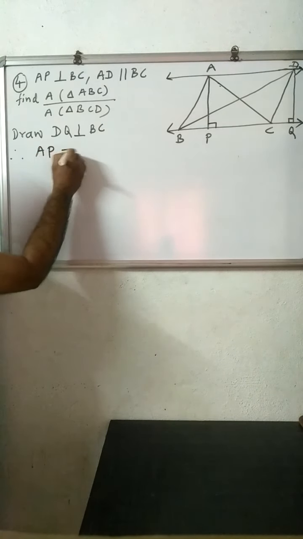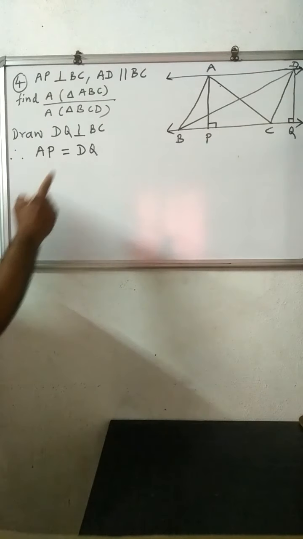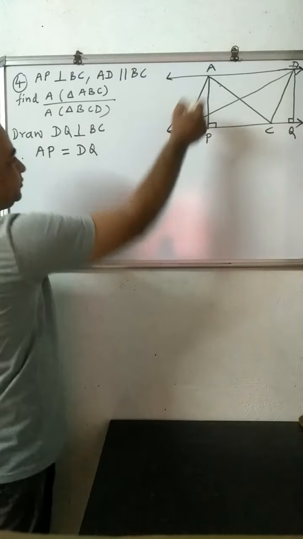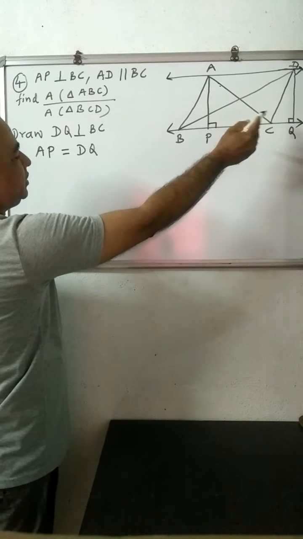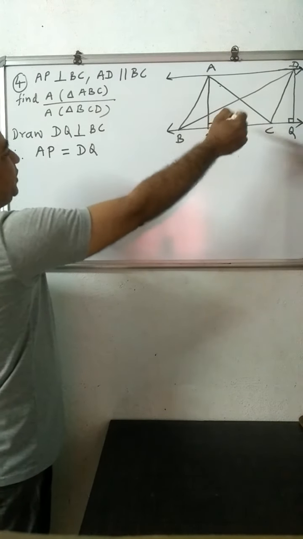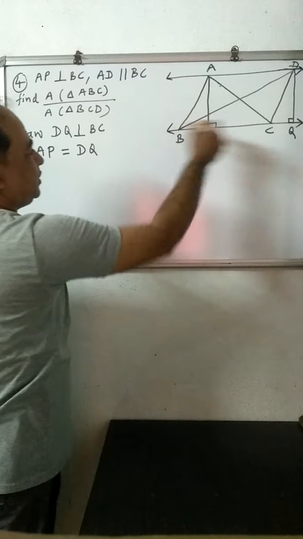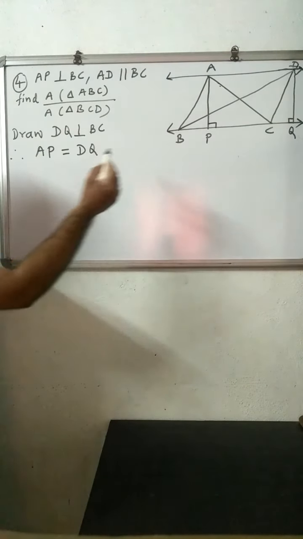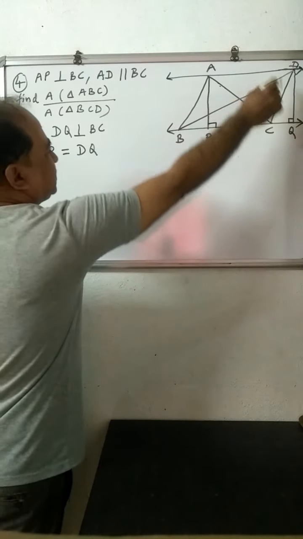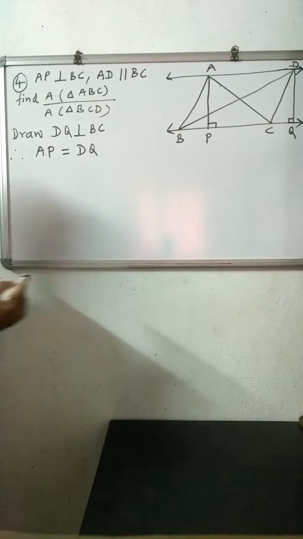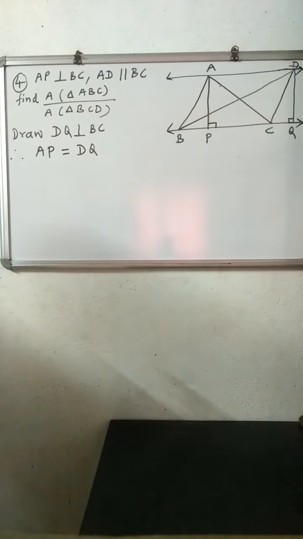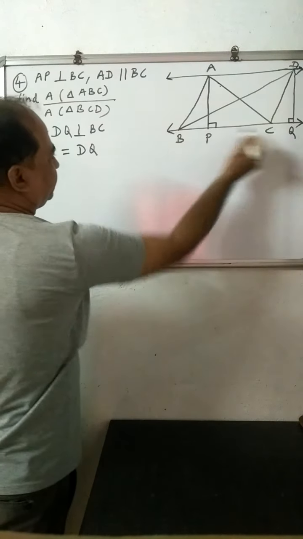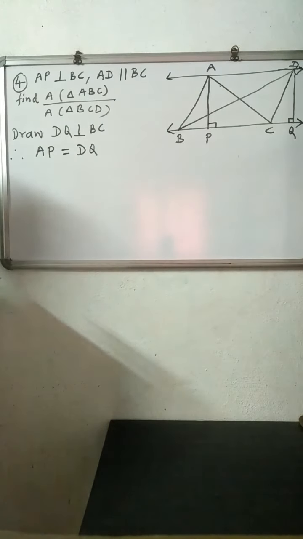AP is equal to DQ. Now, these two triangles ABC and triangle BCD are having same height. And bases are also same. Both are having same base.